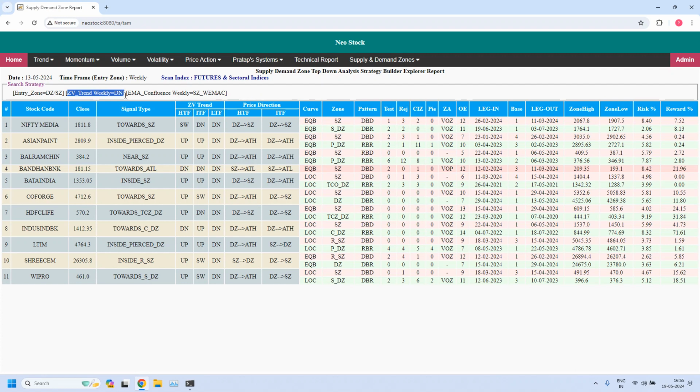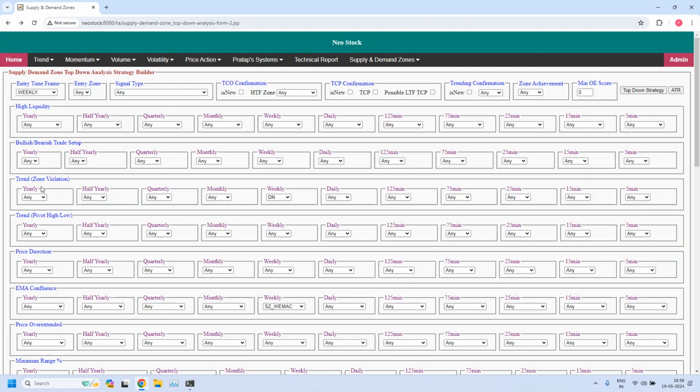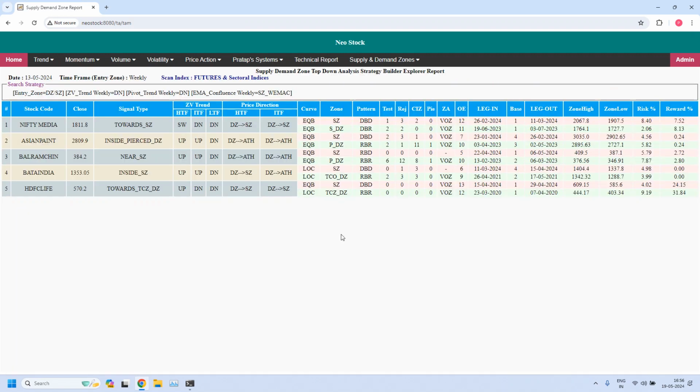It is a downtrend and the EMA confluence in weekly time frame should be supply zone having weekly EMA confluence. Currently these 11 stocks are good for bearish trade setups. In case you want to further filter, let us check that the pivot high-low trend is also downtrend. Out of these 11, how many stocks will be filtered? Now the list has come down to 5.